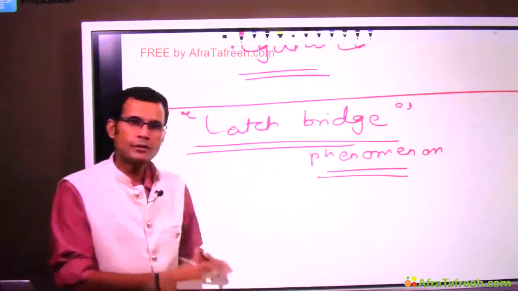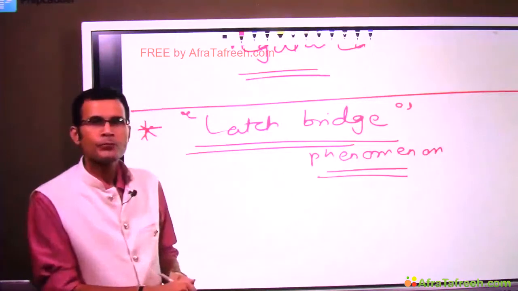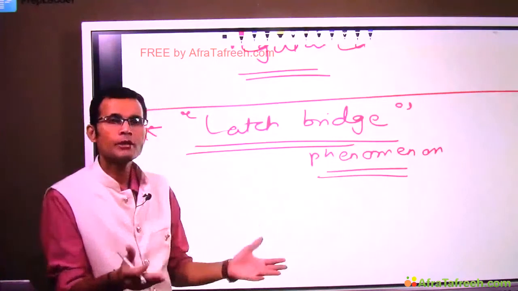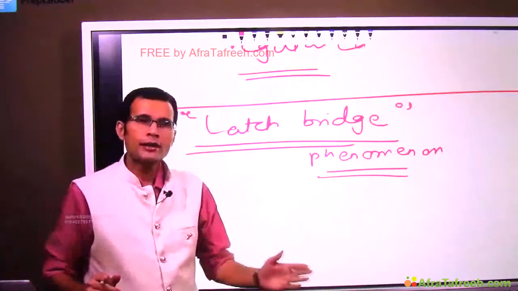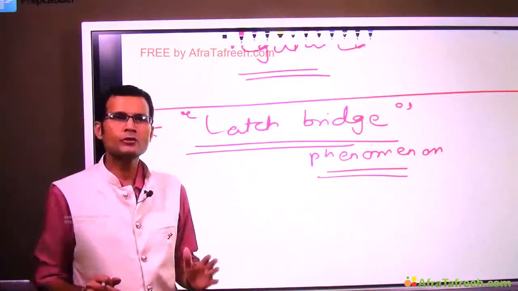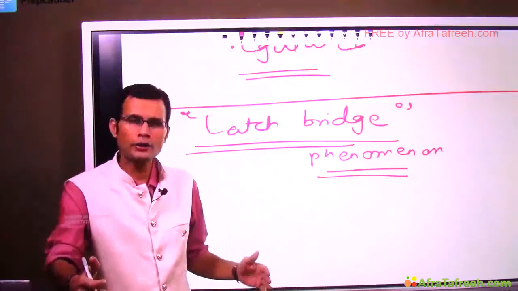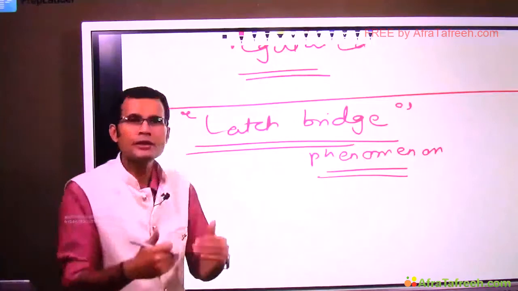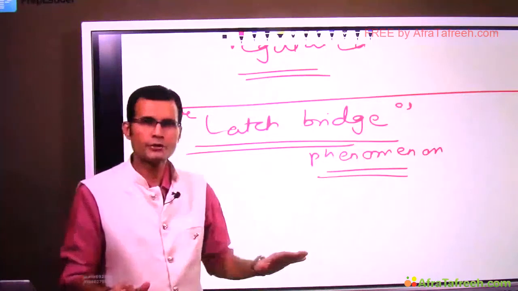In skeletal muscle, we have discussed that there is cross bridge cycling, and that determines how much tension will be generated, what will be the velocity of shortening, and so on. And that cross bridge cycling happens when the impulses are sent to the skeletal muscle. Look, skeletal muscle is not contracting all the time. Skeletal muscle contracts only when it is required to do so. So cross bridge cycling occurs only when the muscle is required to contract. It's not contracting for 24 hours of the day, not continuously.